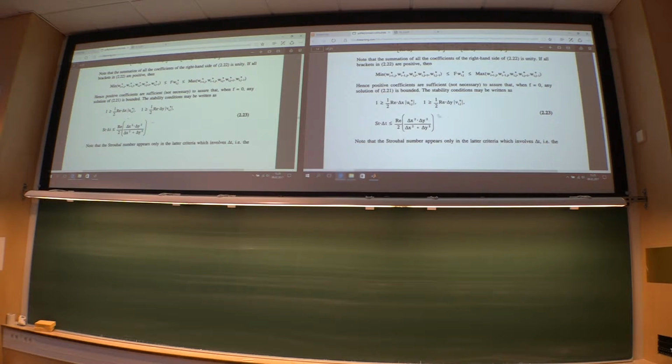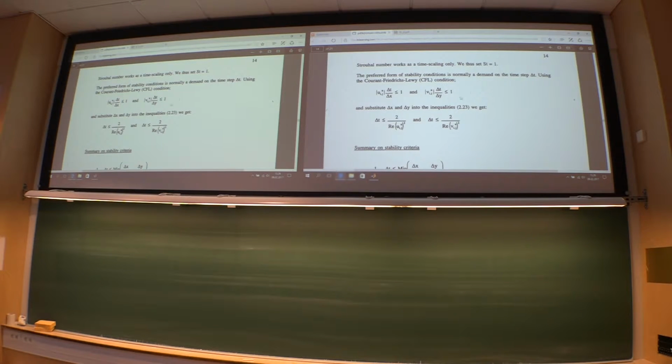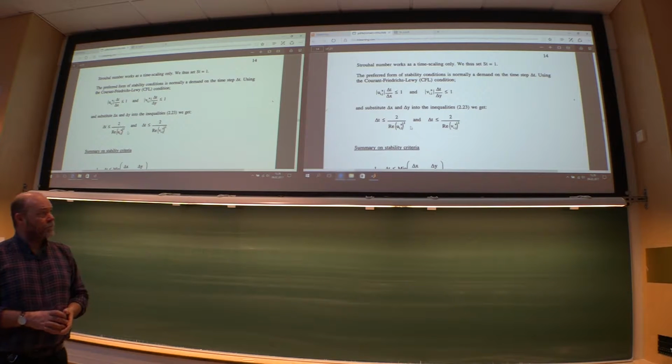I use the CFL condition, Courant-Friedrichs-Lewy condition, to rewrite the delta x and delta y here so that I can use delta t instead. Just saying that the CFL condition is 1, then I can rewrite these spatial demands for resolution as a demand for the time step. So that's one way around it.